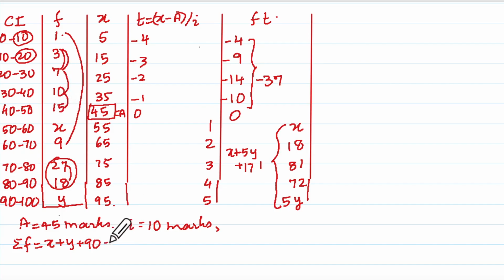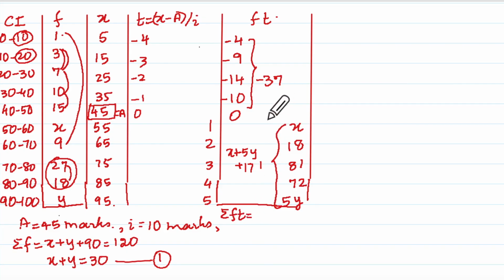Now sigma f was how much? Total was how much? 120. Correct? Yes. Total was 120. So you will get x plus y equal to 30 and that's our equation 1. Okay? Let us write over here what is our sigma ft.